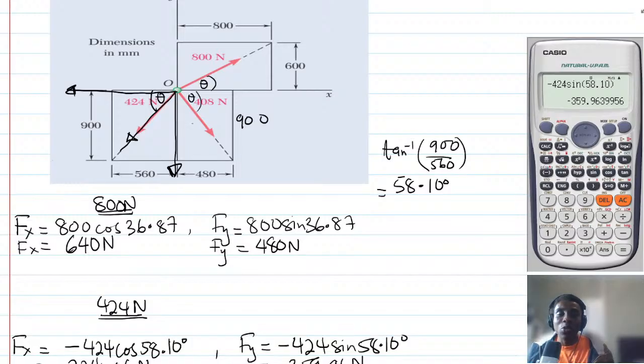So the angle is going to be tan inverse of 900 over 480. So tan inverse of 900 over 480, that is 61.93 degrees.